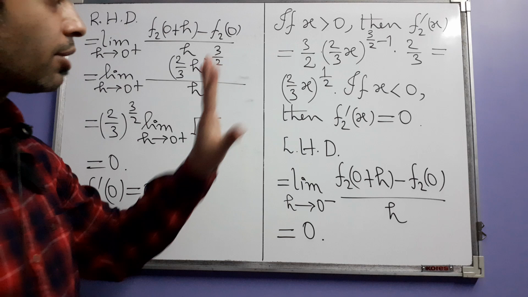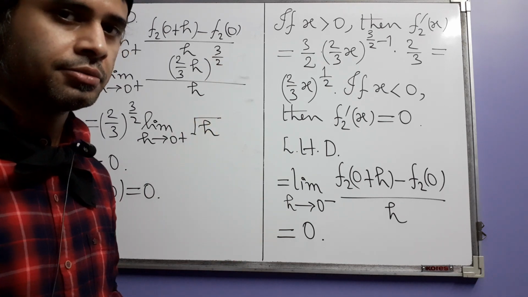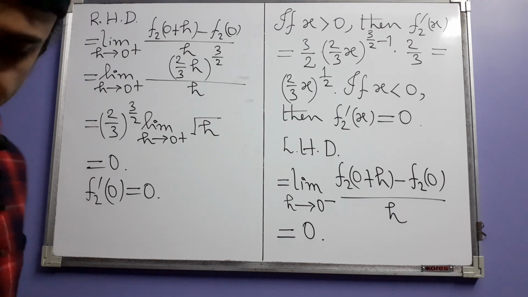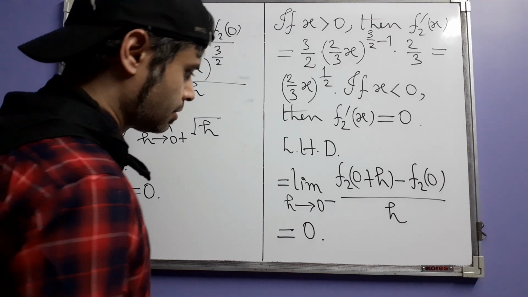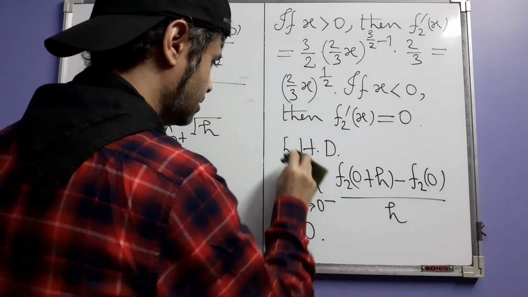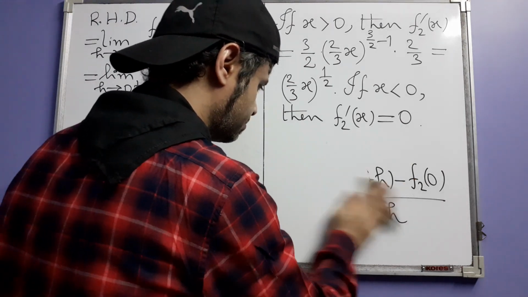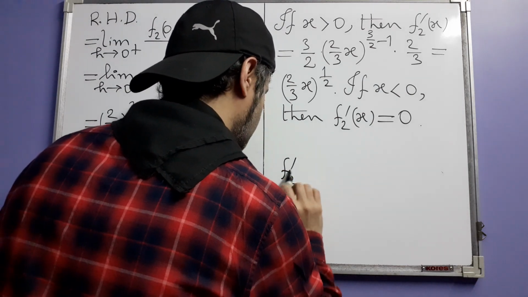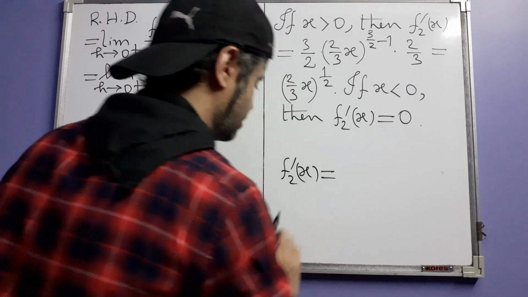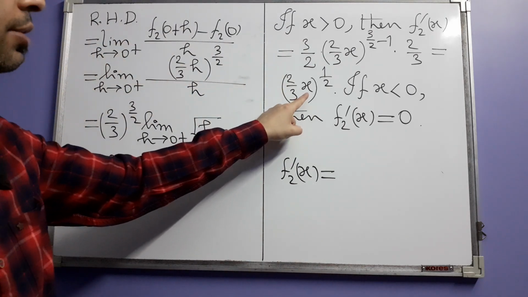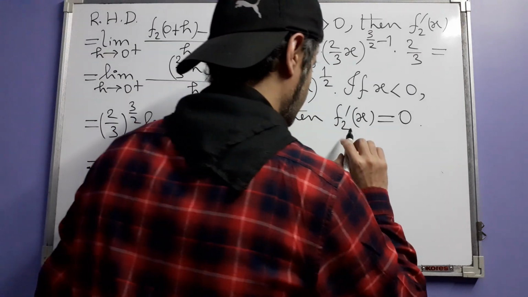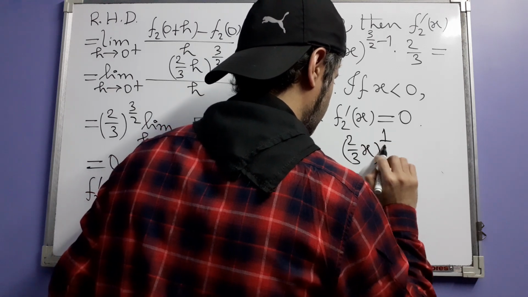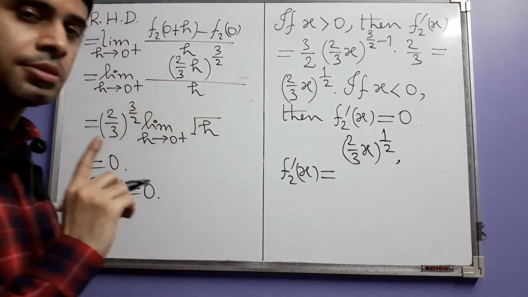Now based on all of this, we can write the derivative also as a partly defined function. How? Well, what do you see here? Let me write it here in this part. What is f2 prime at x when x is positive? This is the derivative, 2 divided by 3 times x to the power 1 divided by 2, when x is positive.